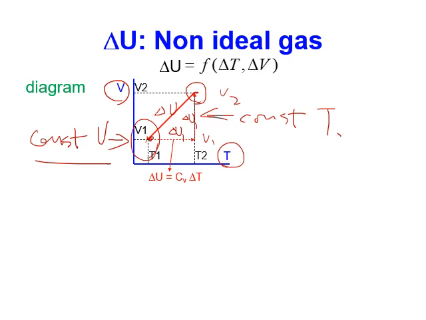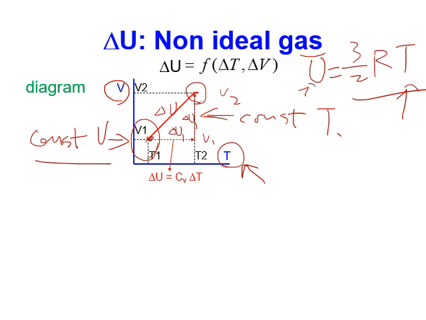But for the second step, when temperature is constant: if it's ideal gas, then internal energy shouldn't change, because for ideal gas it is 3/2 RT, so it only depends on temperature. There's no potential energy.